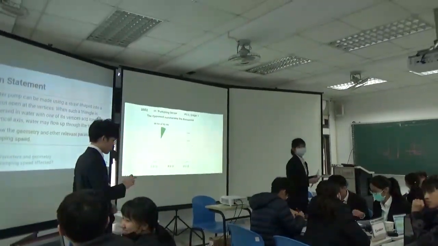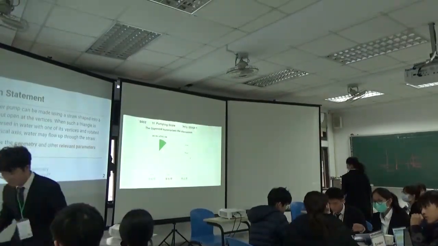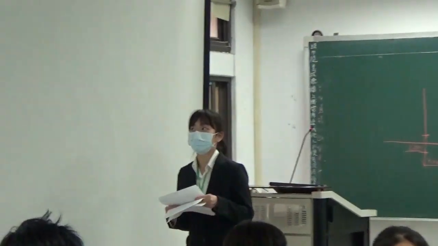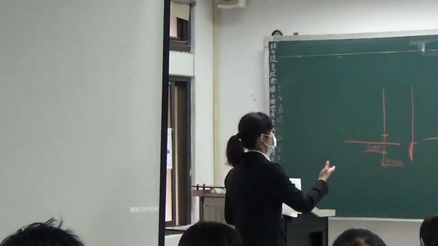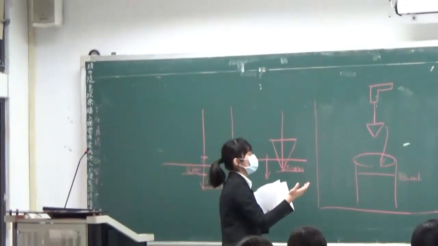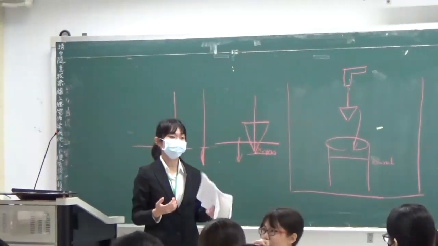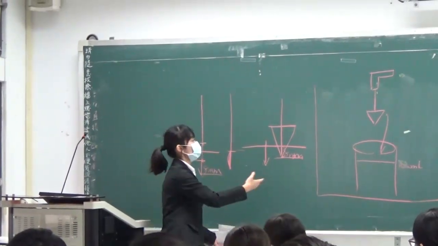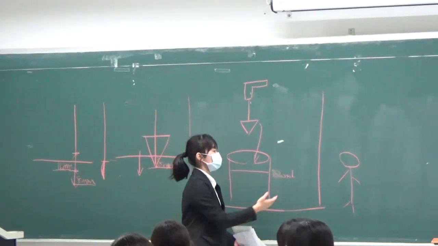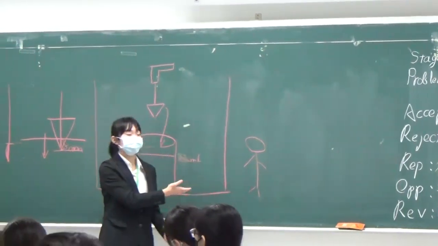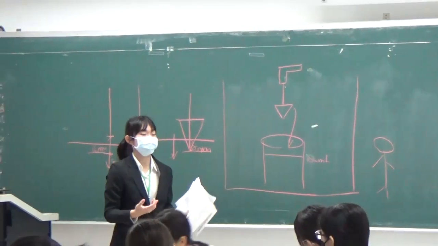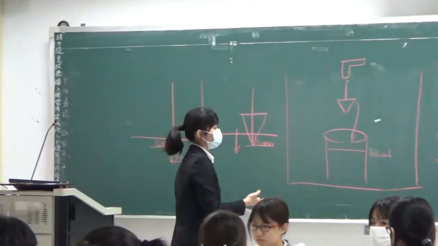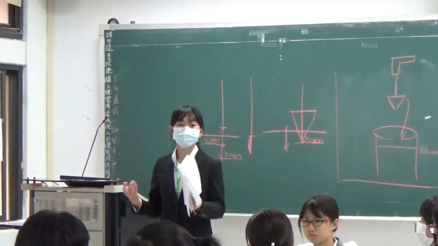Chen Youqi, please summarize the discussion. Okay. The first one, I asked about the setup of the experiments, and he showed me this one, and he said a lot of things are too small to be ignored. So just like this and this one, and he set an observer here. So I think this is a good way, but it is not the best way because the observer will make some mistakes, and it is human made.